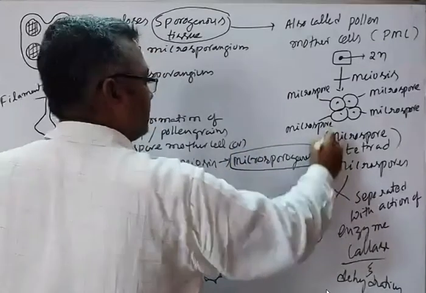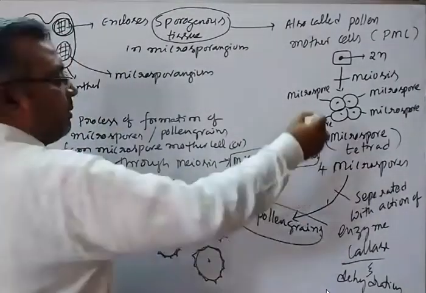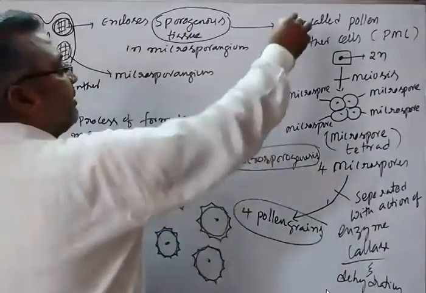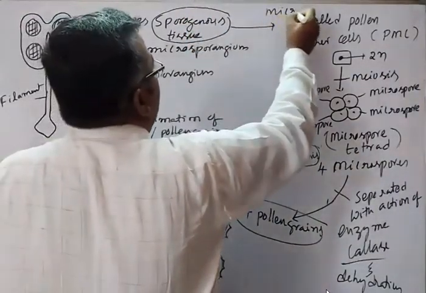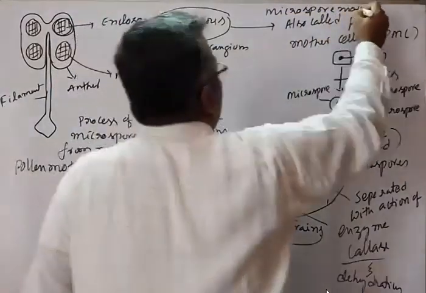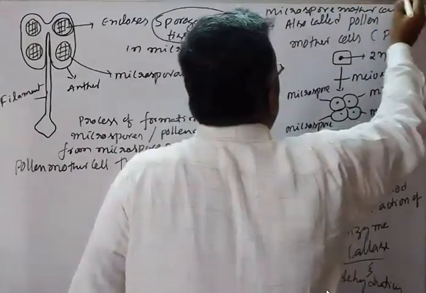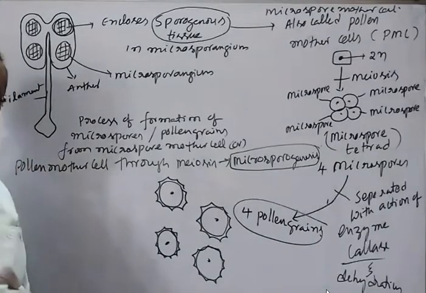Microsporogenesis: formation of microspores or pollen grains from microspore mother cells. This is also called microspore mother cell. This phenomenon itself is called microsporogenesis.